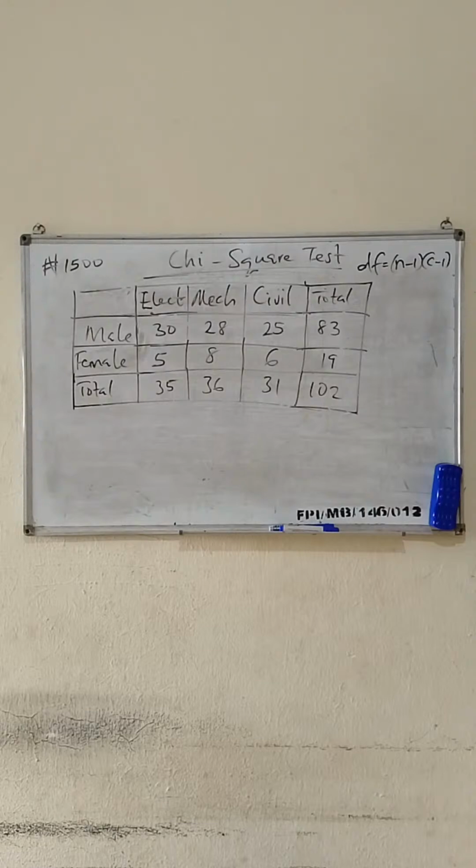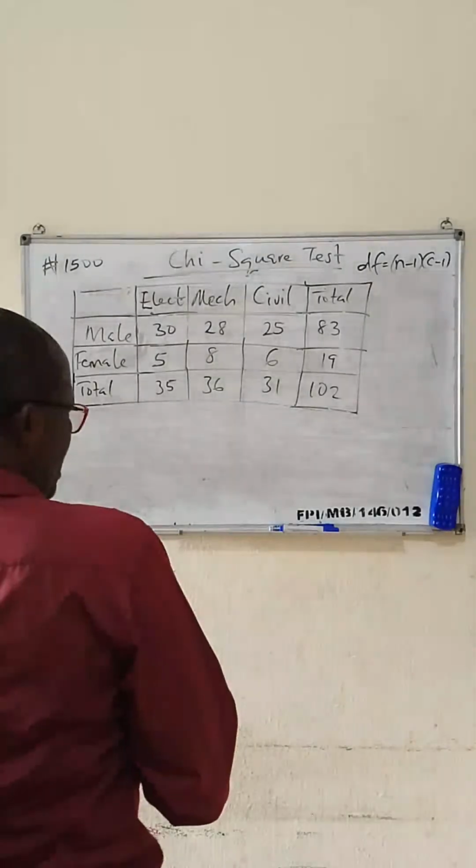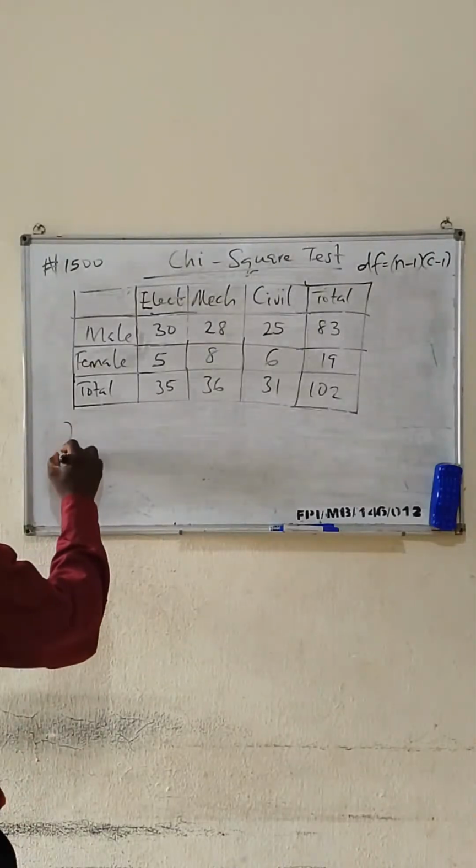So now I'm going to write the formula of interest for this particular expected calculation. The formula is a development over the ordinary formula that we have. The ordinary expected, summation of expected. So let me give you the formula here.